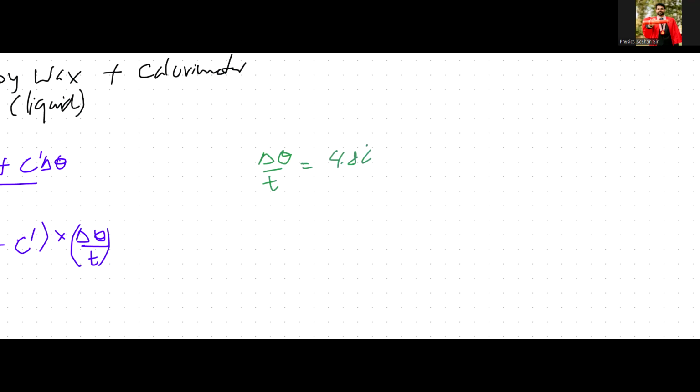Now look at here very carefully. 4.8 Celsius over 60 seconds. Dividing by 60 gives 0.08 Celsius per second.